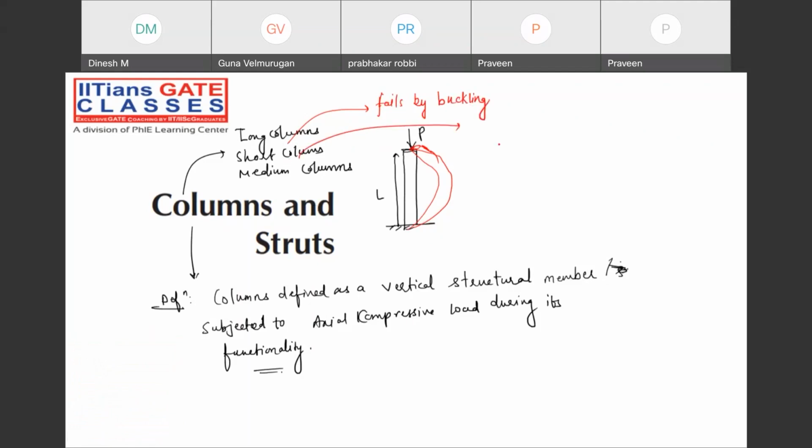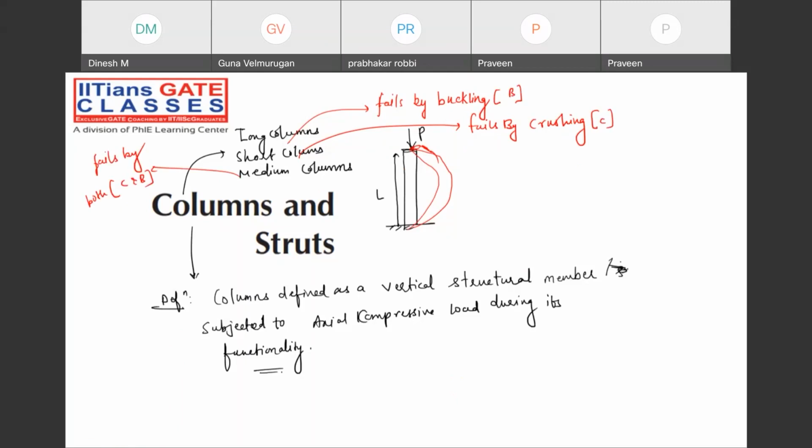Short columns, whenever it is short, fail by crushing. Medium column fails by both, that means crushing as well as buckling. Note all these things.